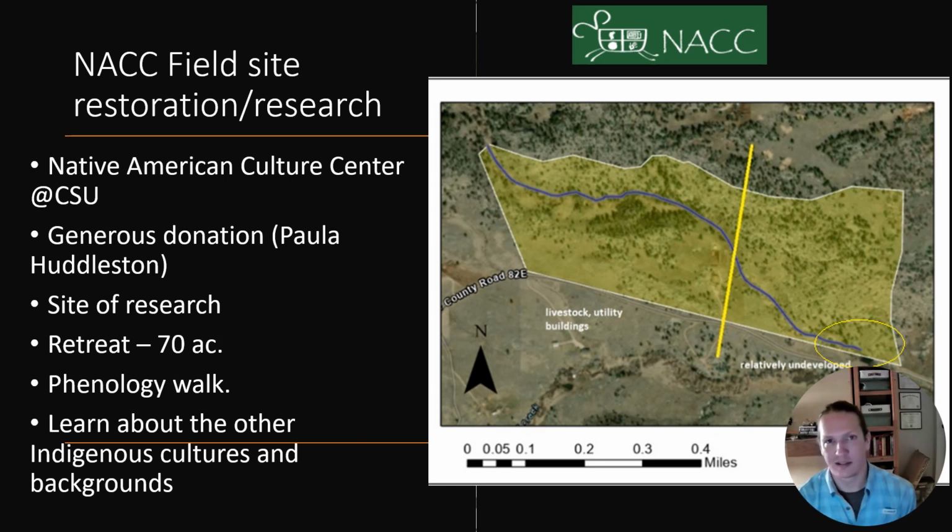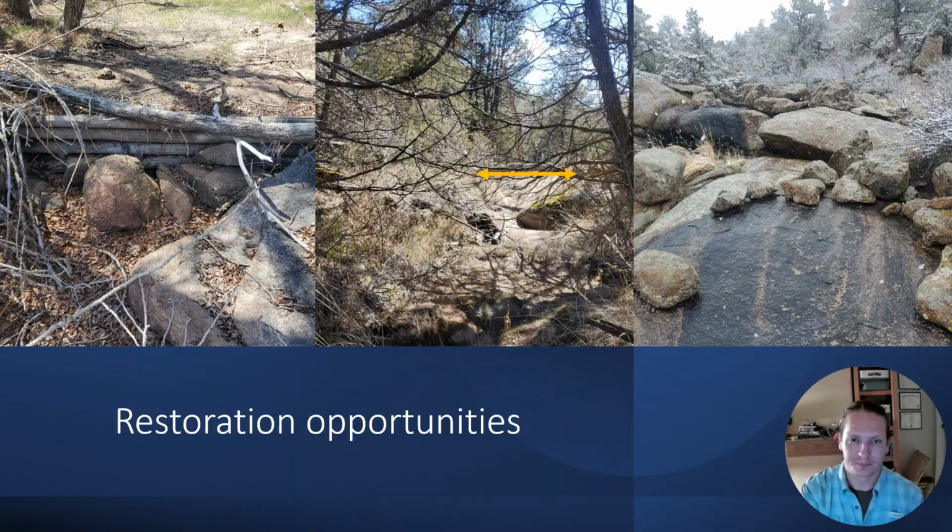And then on the east side, it's relatively underdeveloped. The animals don't graze there. It's left kind of in its current state. And then that yellow circle down in the bottom corner, there's evidence of some sort of retention pond at some time. There's an earthen berm that washed out, and it no longer holds water. So just remember that spot down in the corner.